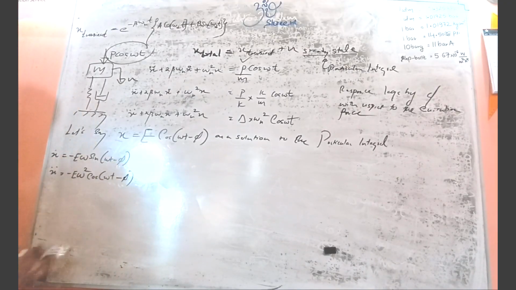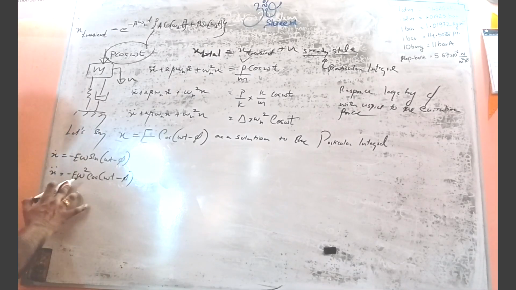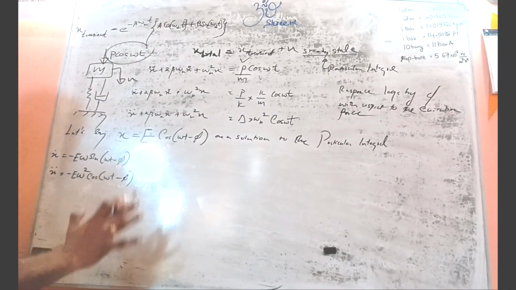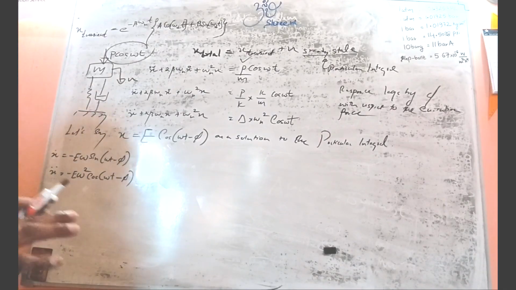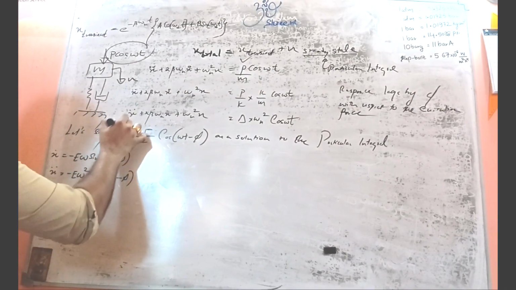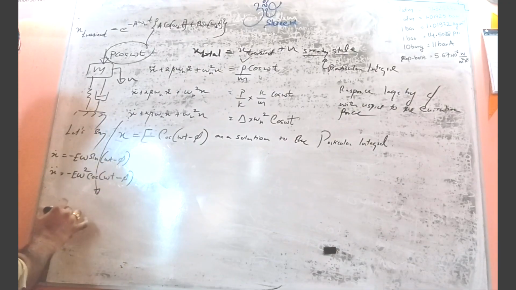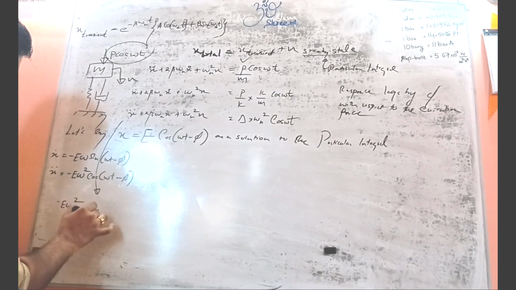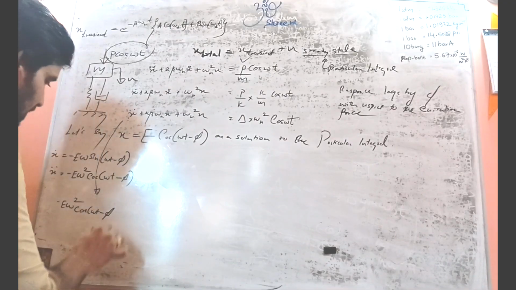Again differentiate this, x double dot is minus E omega squared cos omega t minus phi, right? Now let's put that in this equation. So what is x dot? Continue here. Minus E omega squared cos omega t minus phi.